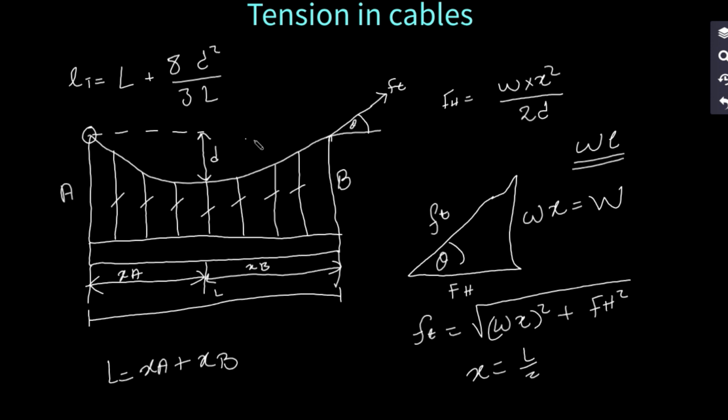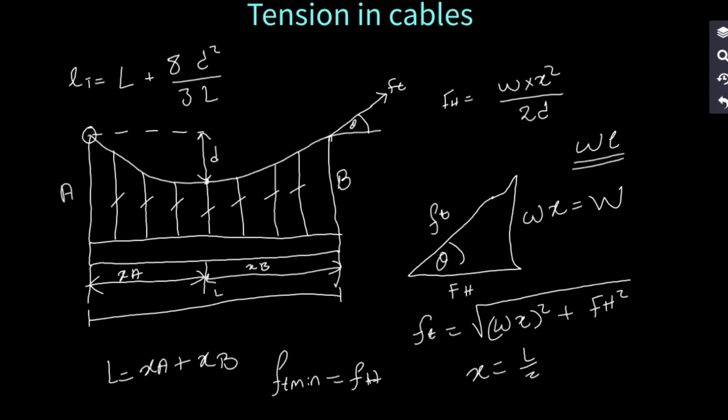But if they are equal like this, you can just consider one side because they are going to be identical. And the minimum tension is going to be at the turning point. Ft minimum is equal to Fh. The minimum tension on the cable is going to be Fh.